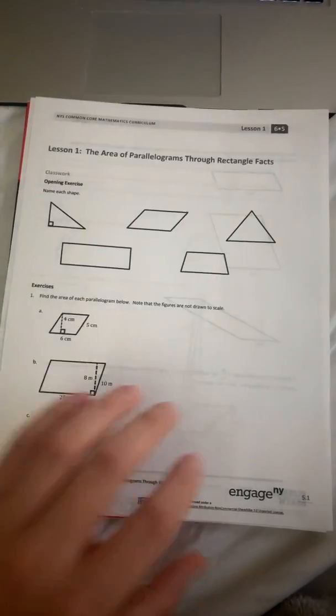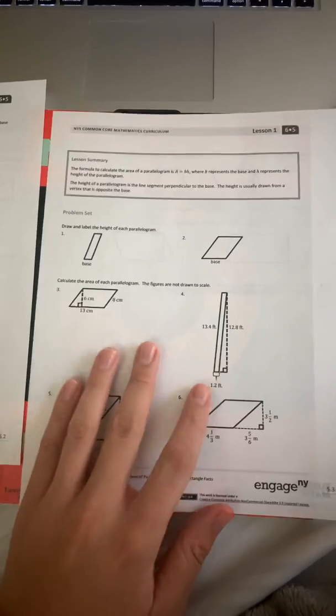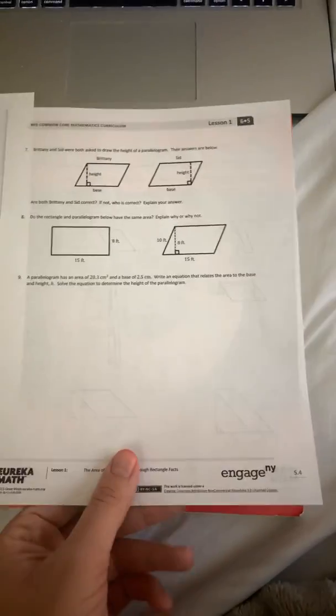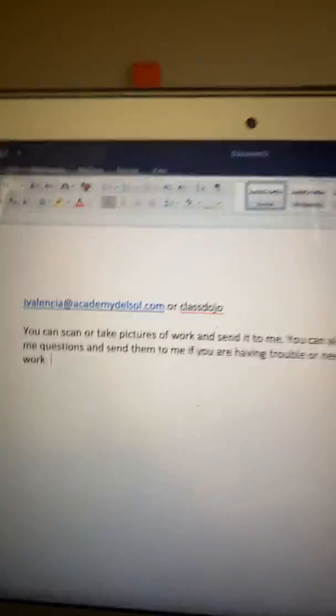Now, what I'll be asking of you students and parents is 2 things. Once you're finished with your homework, you can have parents scan it and send it to me. These are my 2 forms.